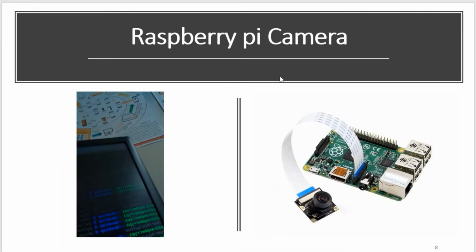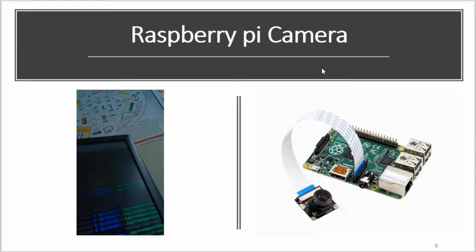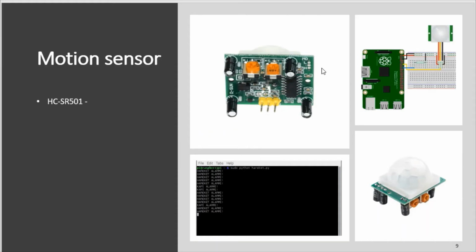Then I added the camera section here and I took a photo. This photo is from our software laboratory in our school. Then I used the motion sensor, which is the HC-SR501.